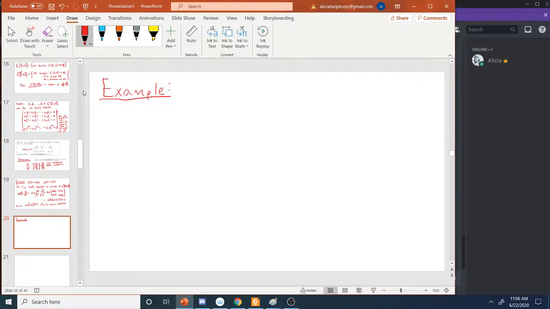So this time I'm going to look at the following functions. f of x equals 1 plus x plus 3x squared.